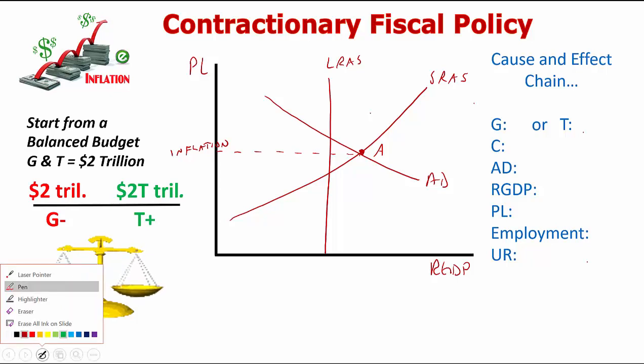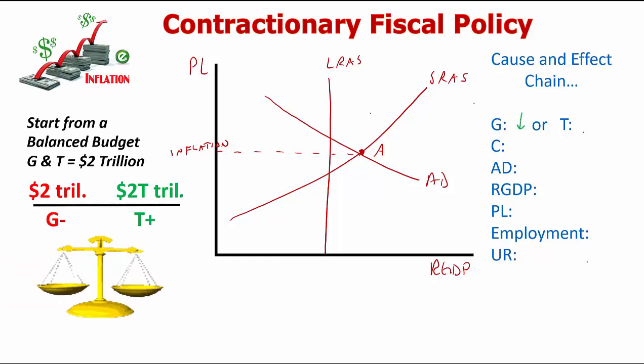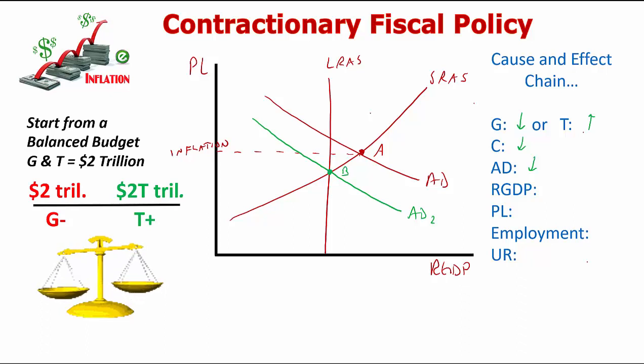So how are we going to do this? We're going to decrease government spending, or we're going to raise taxes. Either one. If you raise taxes, consumption spending will go down because we won't have as much money to spend. Aggregate demand will shrink, so it shifts to the left. When aggregate demand shifts to the left, we get a new equilibrium. We'll call it point B. That has less GDP and a lower price level, which is what we were trying to accomplish, because that's what contractionary fiscal policy is for.